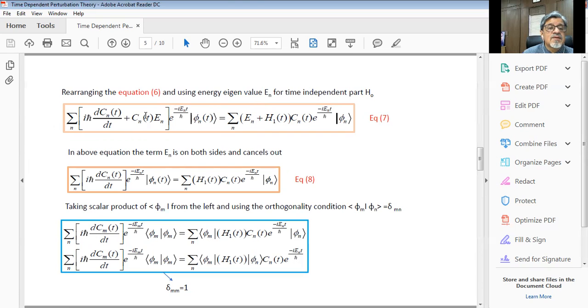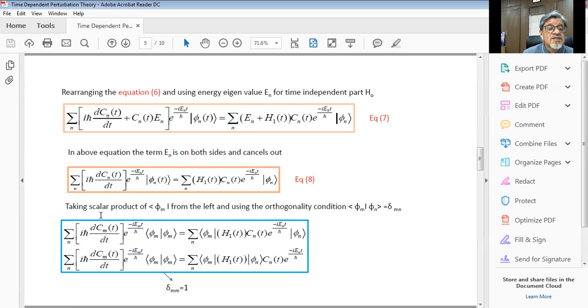Now we notice that Cn(t) En appears on both sides, so it cancels out. The remaining terms are iħ dCn(t)/dt, the exponential term |φn⟩, equal to the summation of H1(t) Cn(t) e to the power minus i En t divided by ħ |φn⟩. This is equation number 7.